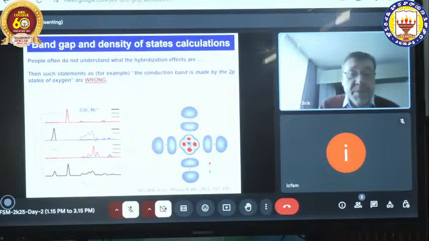So in this case, yes, we can say that there is a very minor contribution to the conduction band by iodine 5p states, but this is by no means the main contribution. It is a very tiny one because of hybridization, and the main contribution is made with the valence band here.